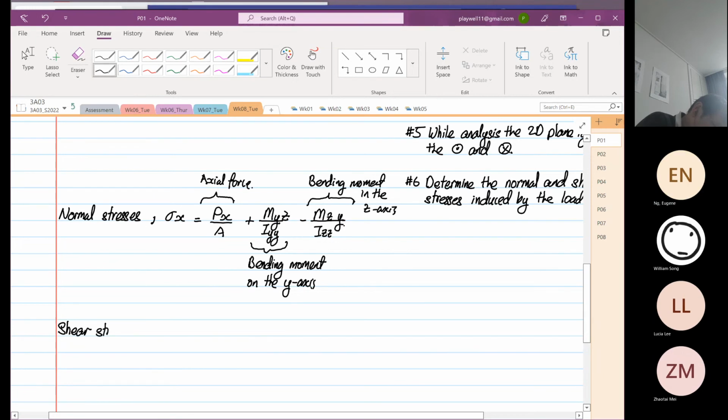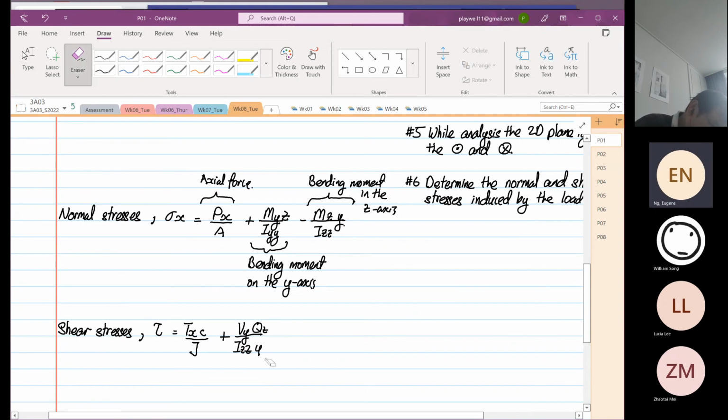So shear stress can be equal to Tx c over J, plus Vy over Izz times Qz over t, plus Vz over Iyy times Qy over t.